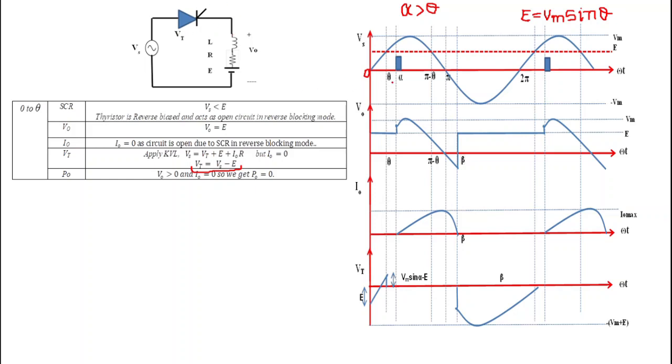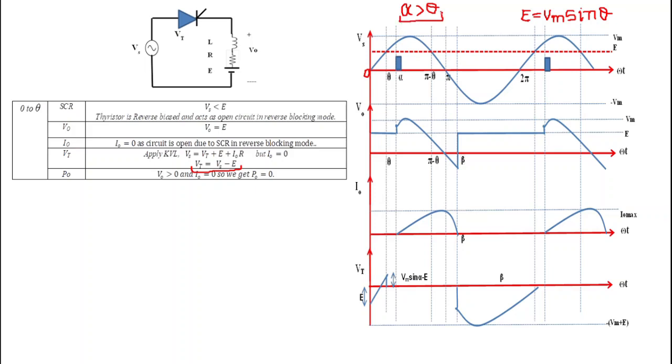So if we fire the thyristor from 0 to theta, then it will not turn on because it is reverse biased. That's why we cannot fire the thyristor from 0 to theta. That's why the firing angle of the thyristor is greater than theta.